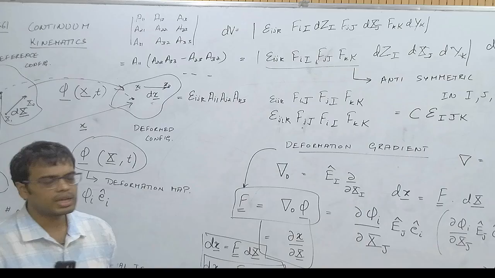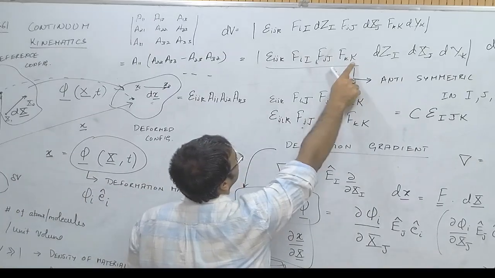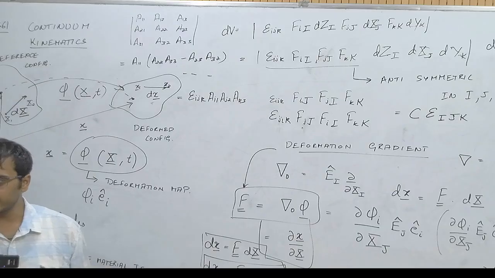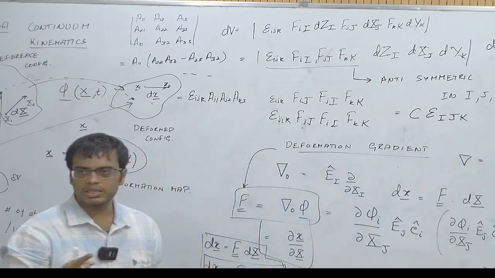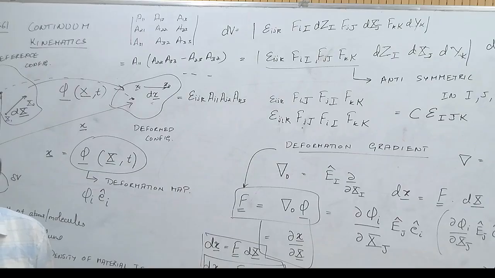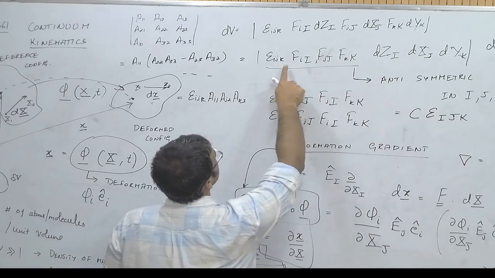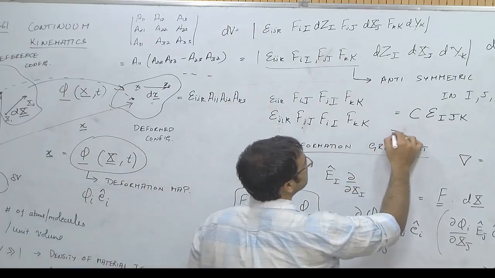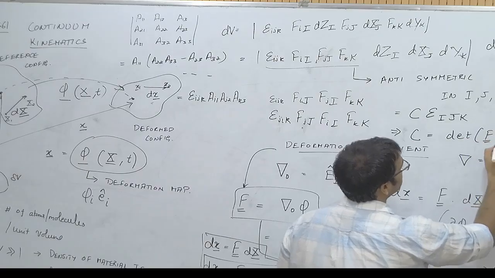That is what I've done here. Now epsilon IJK is 1 when I is 1, J is 2, K is 3, and when you put that in, you get this, which means that this constant is actually the determinant of F.